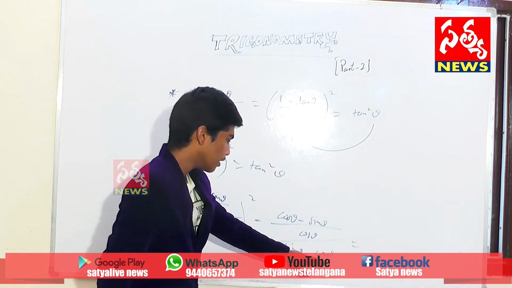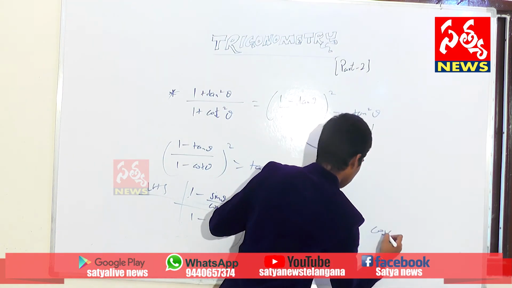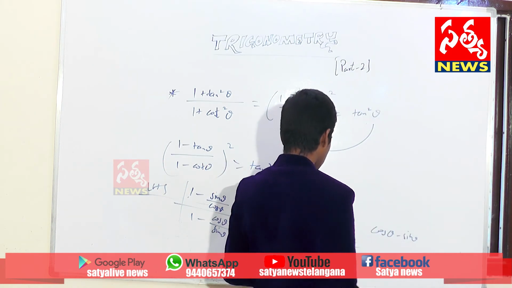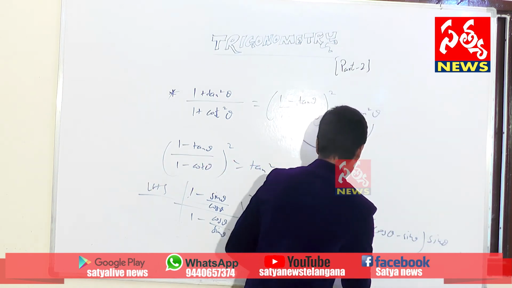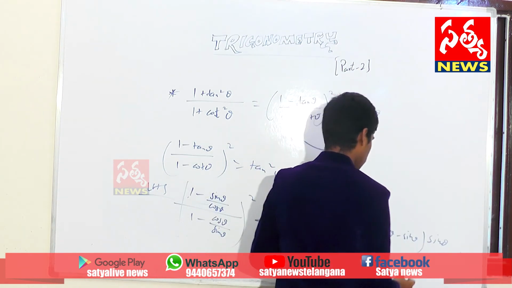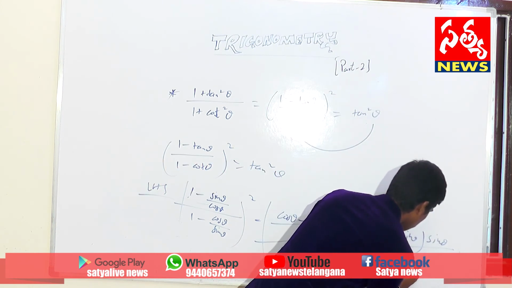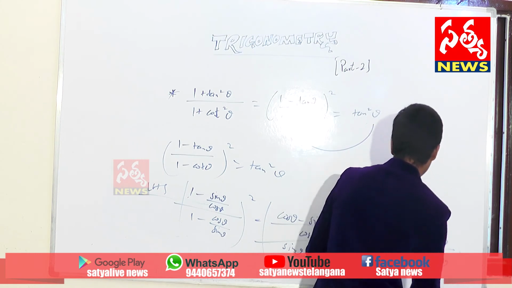First of all, I will simplify. ((Cos theta minus sin theta) into sin theta) whole square by ((sin theta minus cos theta) into cos theta).